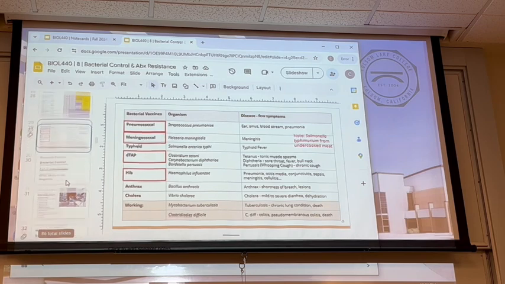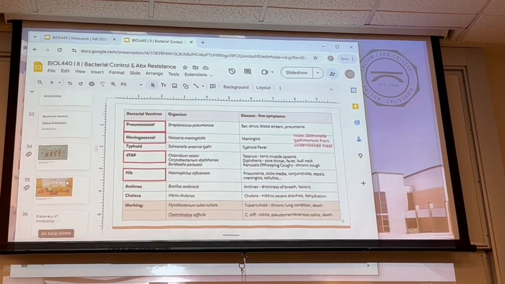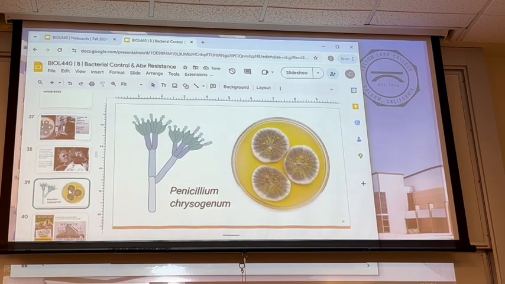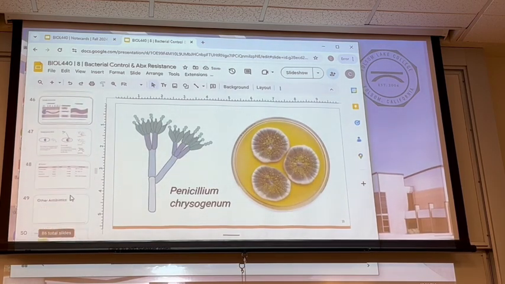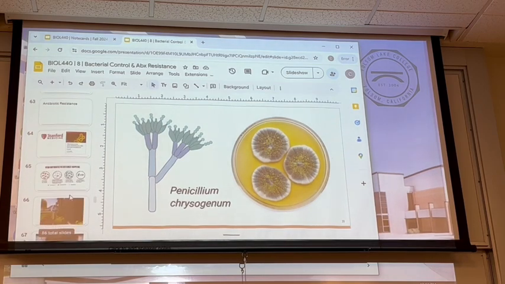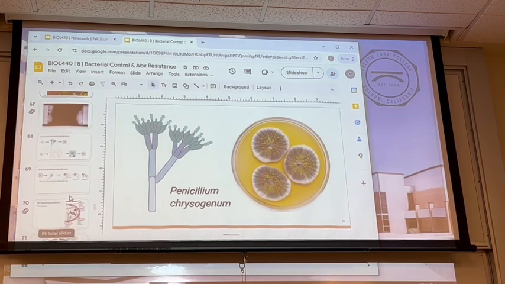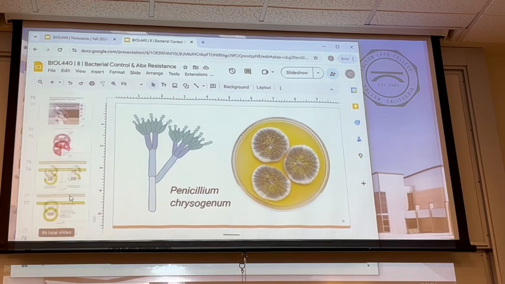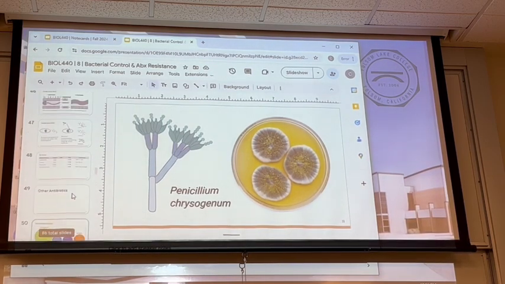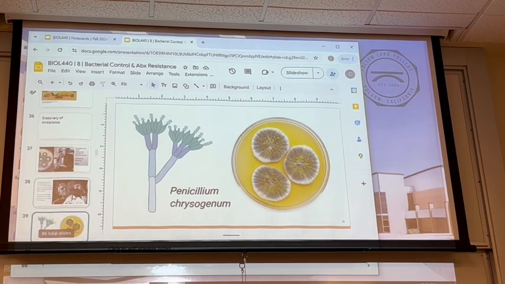What else? Alexander Fleming, we know him. We know penicillium mold. We talked a lot about that. Resistance, we kind of know how that happens. Anything else that you want me to go over?